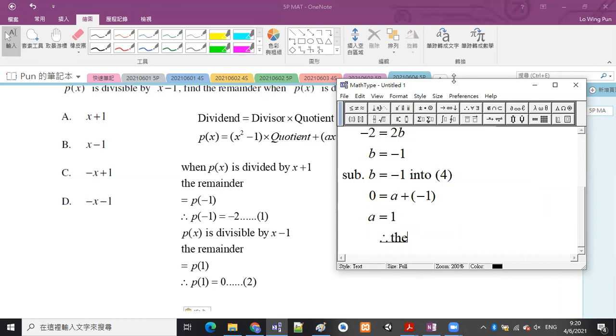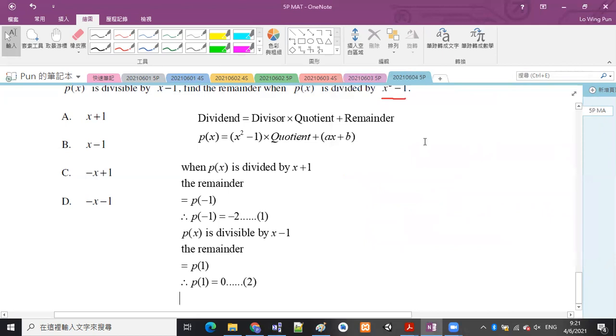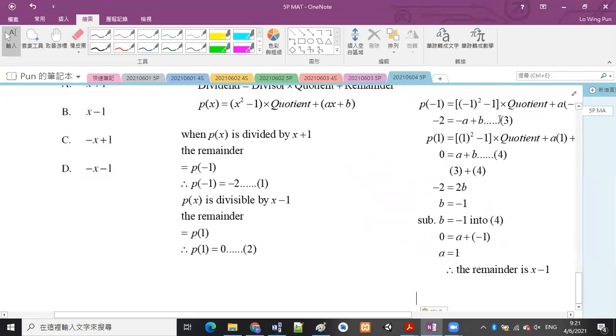Therefore, the remainder is ax plus b, that is 1x plus -1, or just x minus 1. Okay, 1x minus 1. That is option B.